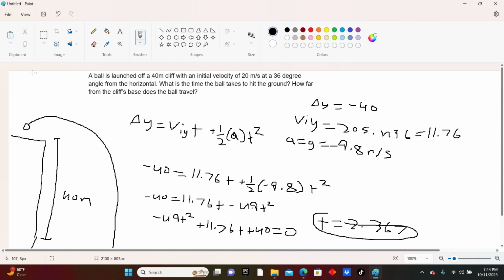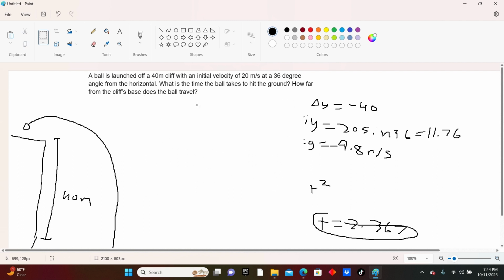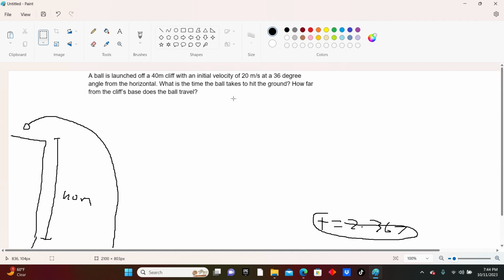So now to solve the second part, I'm going to clear some space quickly, and we have our time. Now, finding how far from the cliff base is basically asking for the horizontal displacement.